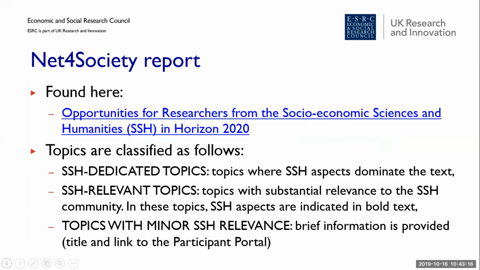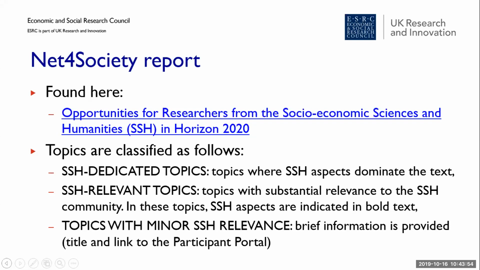Another really important resource is the Net for Society report. Net for Society is the network of Societal Challenge 6 NCPs, but it's not just about Societal Challenge 6. They do a lot of work identifying opportunities for researchers across Horizon 2020. Once the work programs are updated, they spend a lot of time identifying SSH dedicated topics, SSH relevant topics, and topics with minor SSH relevance.